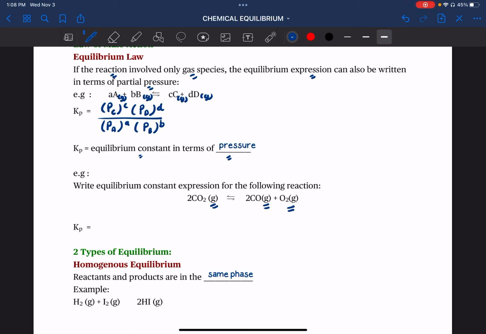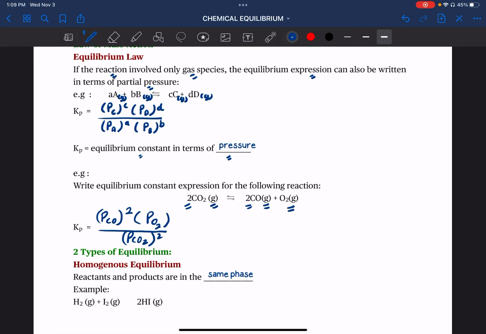Okay, so partial pressure of carbon monoxide gas to the power of 2 times partial pressure of oxygen gas to the power of 1 divided by partial pressure of CO2 to the power of 2. Sebab dia ada stoichiometry kat depan tu. So itulah power dia nanti. Okay, so that's how we write down Kc or Kp.